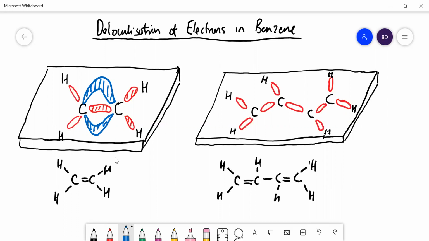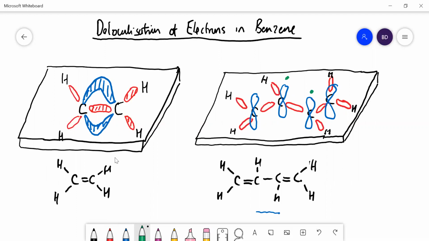Now let's look at this one. We talked about this one, butadiene, and again we've got unhybridized p electrons here, and here, here, and here. The distance between these two carbon atoms, number 2 and 3, is the same as the distance between 1 and 2 and 3 and 4.